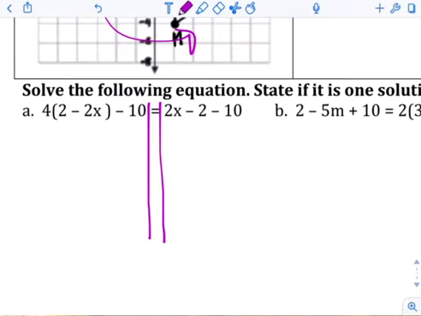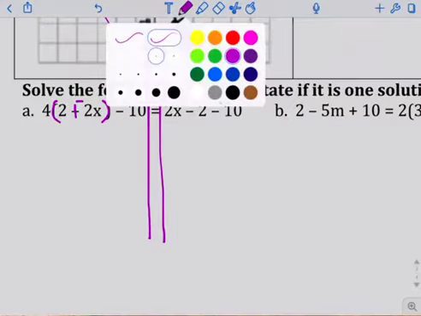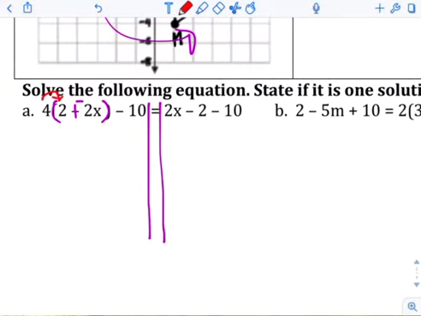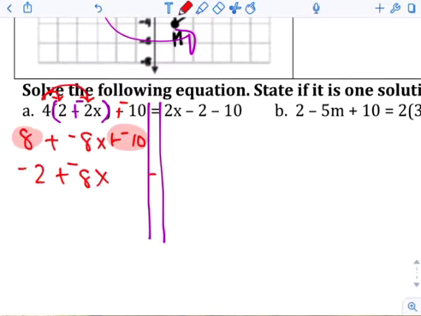You always do parentheses first, because you can't do anything but additive inverse. You didn't distribute. That's 8 plus a negative 8x minus plus a negative 10. These two are alike because they both don't have letters. You get negative 2, combined, plus 8x. Negative 8x equals 2. Additive inverse. 2 negatives you add. So 2x minus plus a negative 12.